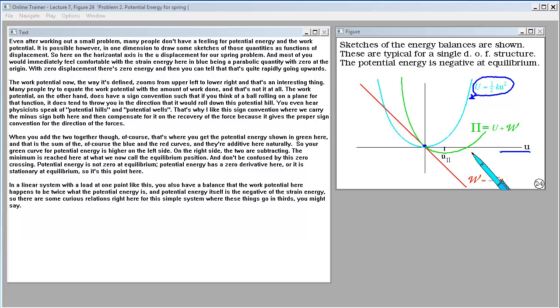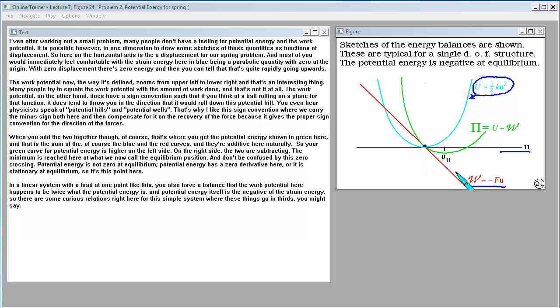The work potential, the way it's defined, zooms from upper left to lower right, and that's an interesting thing. Many people try to equate the work potential with the amount of work done, and that's not it at all. The work potential does have a sign convention such that if you think of a ball rolling on a plane for that function, it tends to throw you in the direction that it would roll down this potential hill.